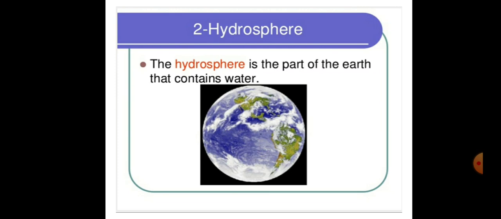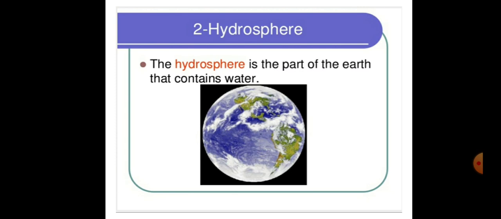Now, hydrosphere. What is hydrosphere? It is the combined mass of water. Now, what is combined mass of water? Combined mass of water includes all the water bodies found on the earth, like oceans, rivers, lakes, glaciers, underground water, and water vapor in the air also.